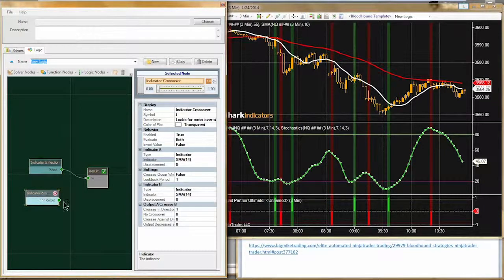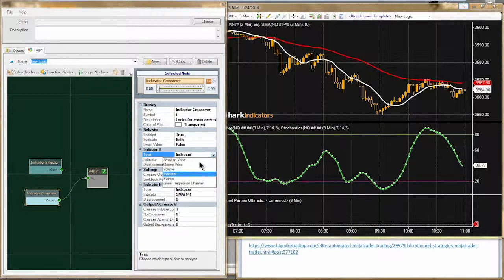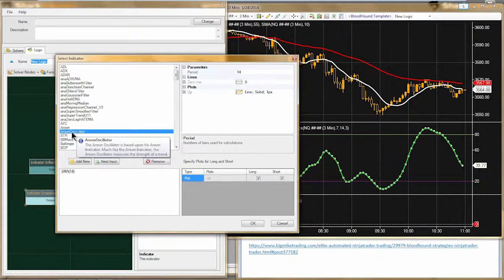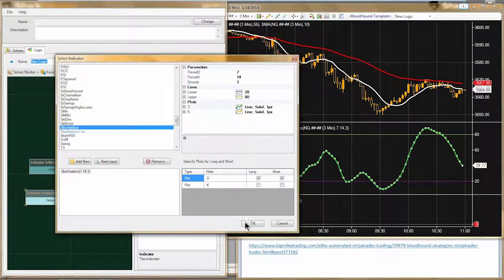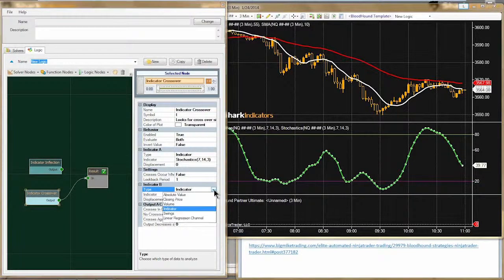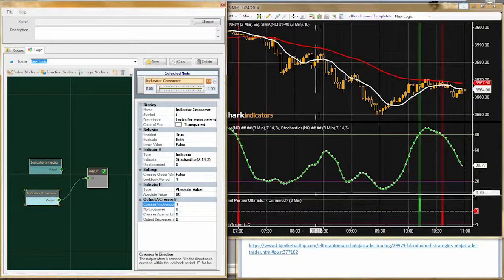Yeah, I'm going to go with the crossover solver for now. And so, oops, switch this over to the stochastic. And we're looking for the stochastic to cross the 80 or 20. So I'm going to use an absolute value, and we'll find when it crosses the 80 line. Right, there we go.